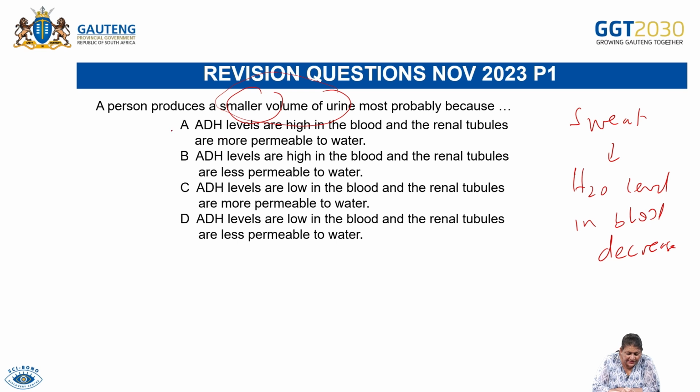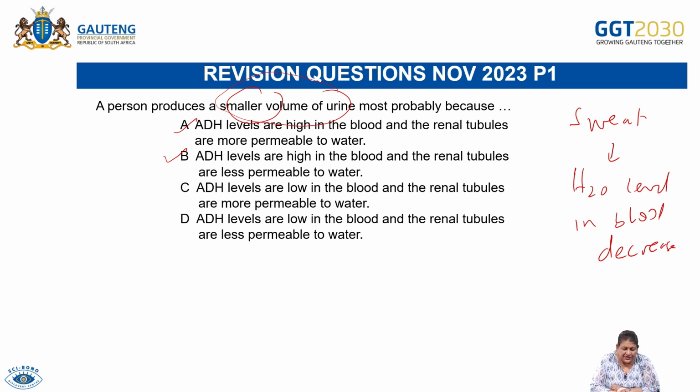So ADH levels are high and ADH levels are high. That means your answer can only be between A and B, because if your volume of urine is low, it means you reabsorb more water. That means to reabsorb, you must have high levels of ADH, which can be A or B.